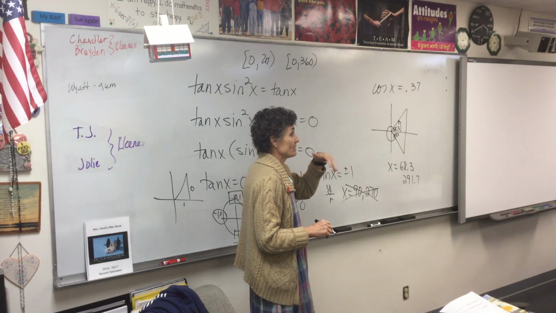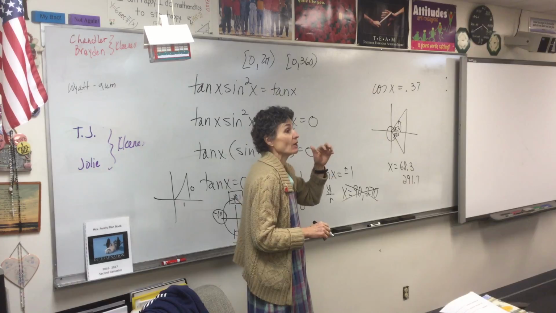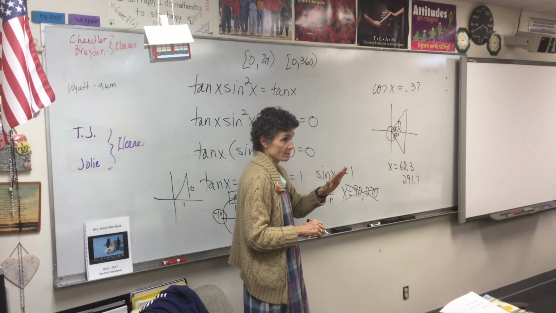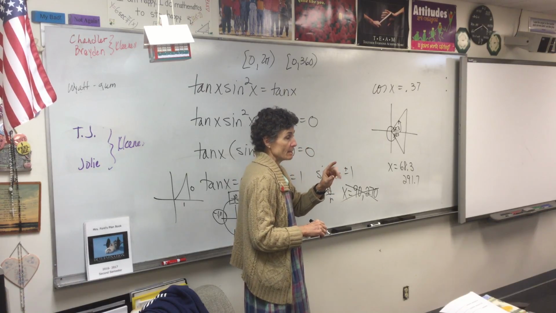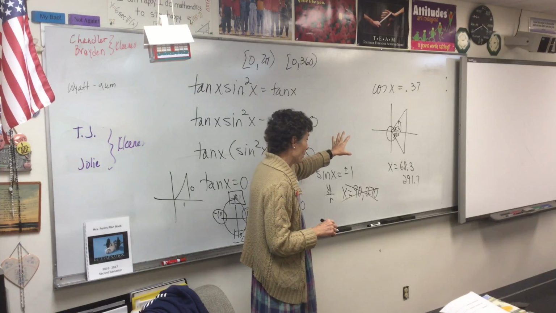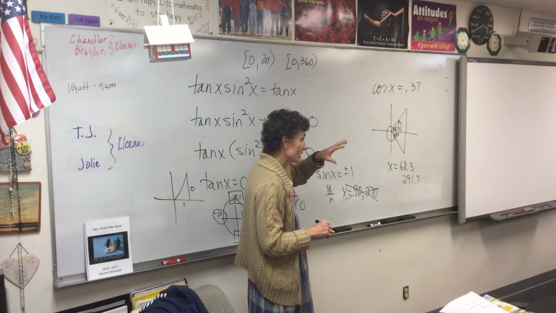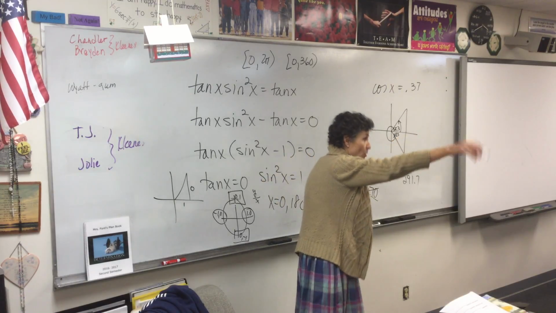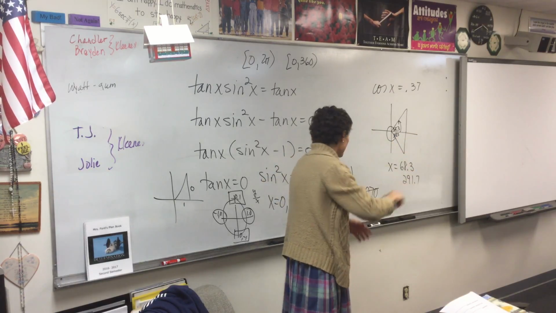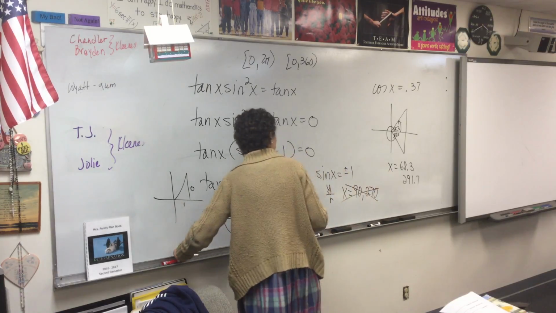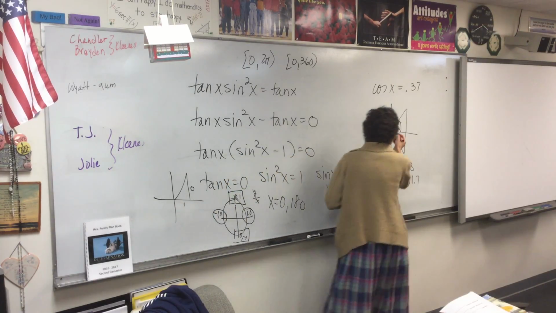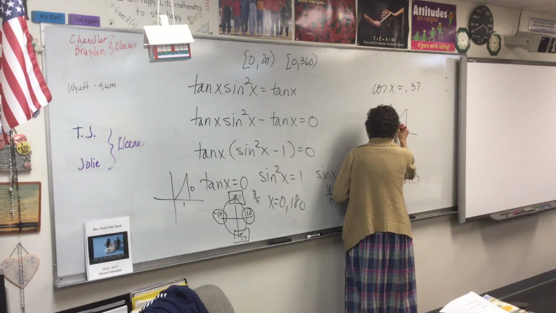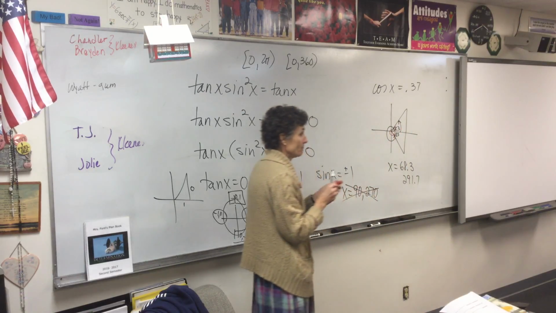This problem is a little bit different because it says find all the solutions. Okay? Now, there's more than these two. Can anybody explain that to me? Why are there really more than those two? That's right, Ross is going like this. If 68.3 is an answer, wouldn't this also be an answer?